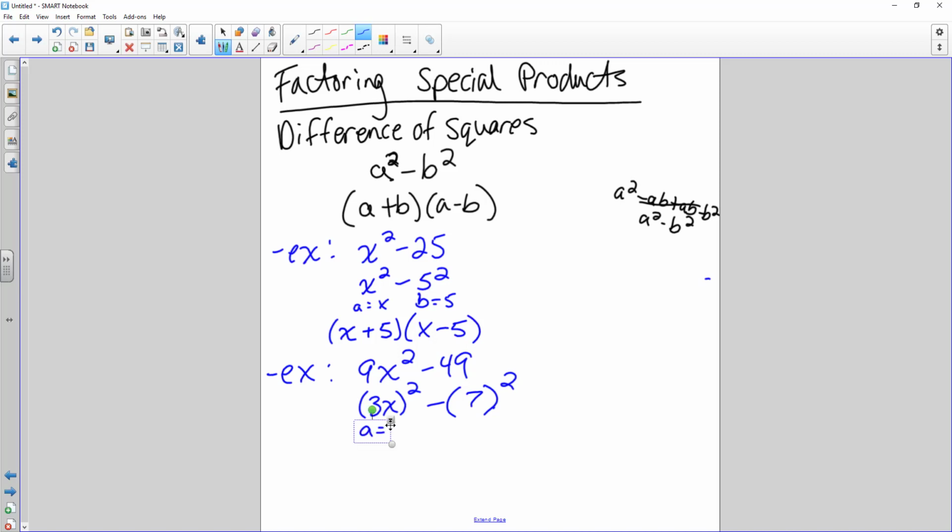So that means a is 3x and b is 7. So this is going to break down to 3x plus 7, 3x minus 7. And again, FOIL it out, that should work. Okay, so that's difference of squares.